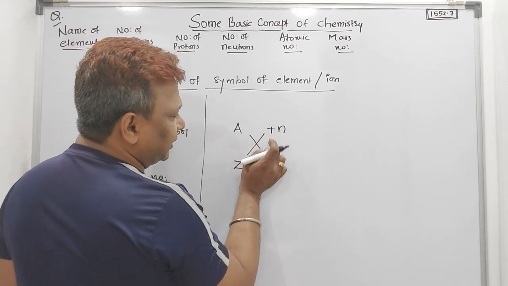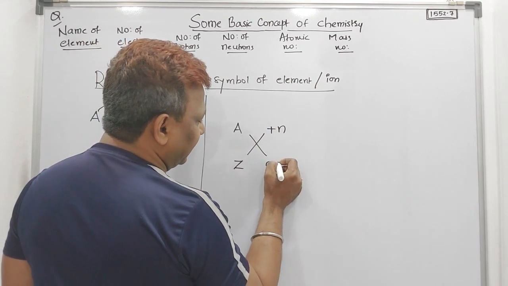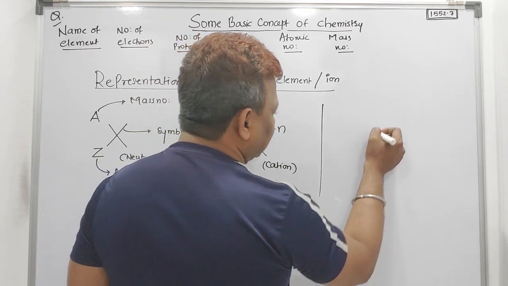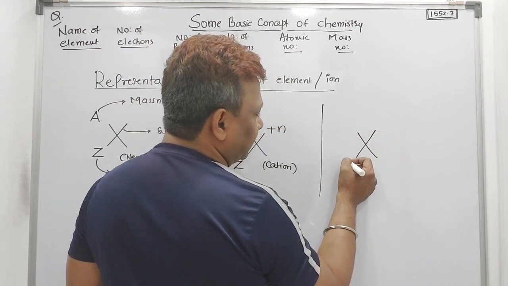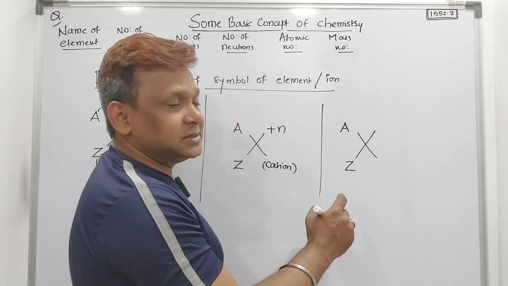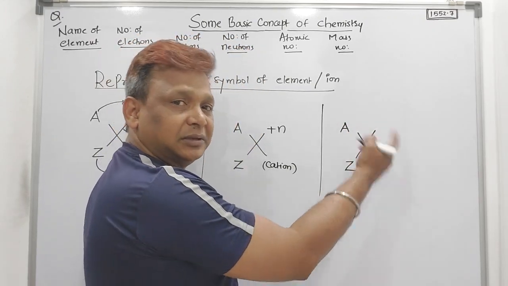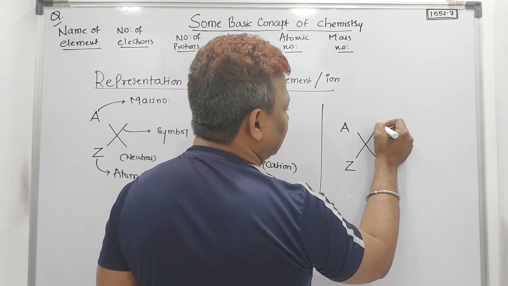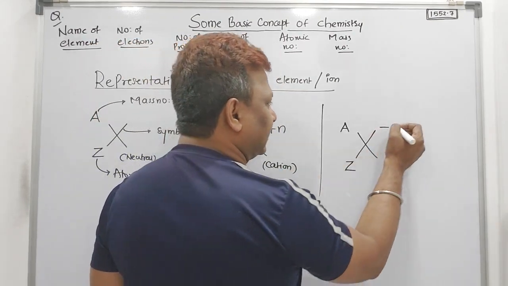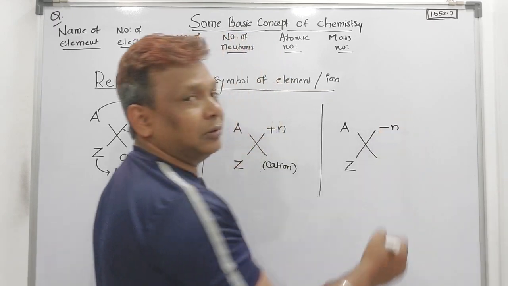Any atom bearing a positive charge is called a cation. The third possibility is that X is the symbol of the element, Z is the atomic number, A is the mass number, and this atom X gains electrons, and by gaining electrons it gets a negative charge. The number of electrons gained is the number n over it.